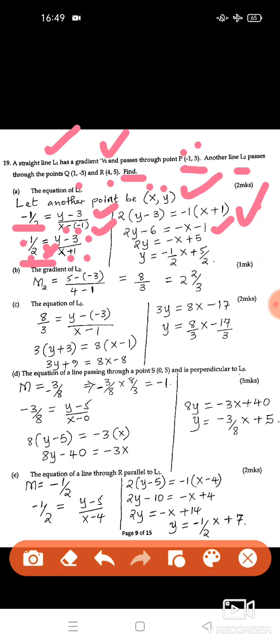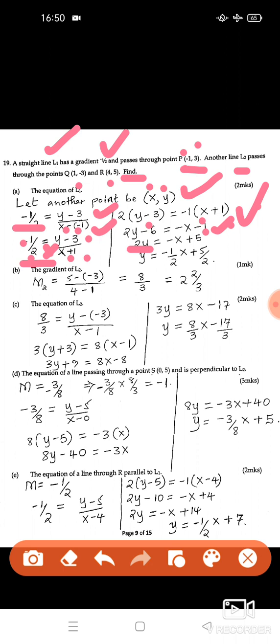We can now rearrange the equation to have 2y remain here, then equals negative x. We had negative 1 here, so now when 6 comes to this side, it becomes positive. So negative 1 plus 6 will get positive 5, as indicated.